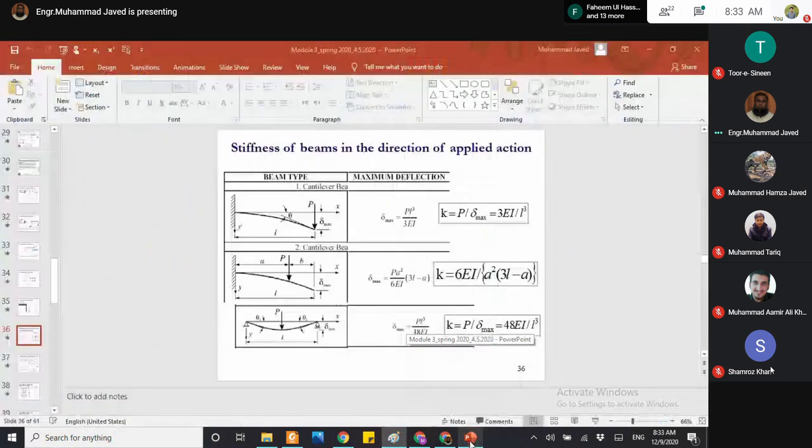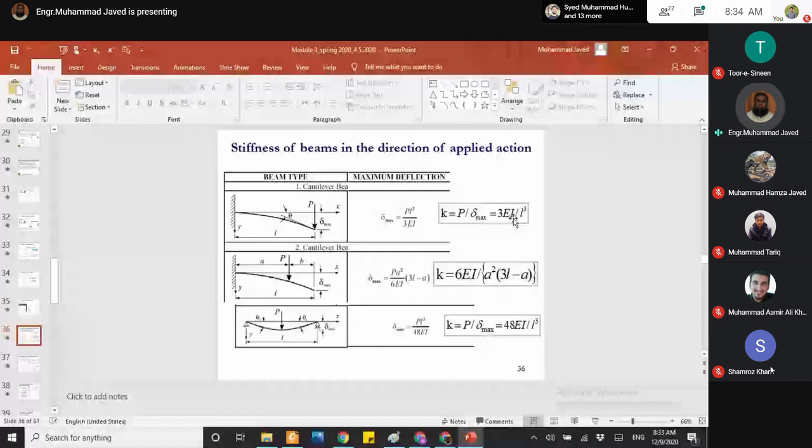अच्छा, now you have to memorize the stiffness of some commonly used structural elements. For example, when we have a cantilever beam with a point load at the free end, stiffness is 3EI over L cube.